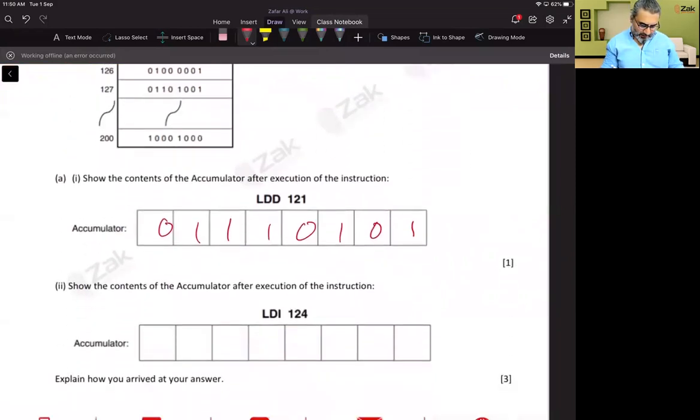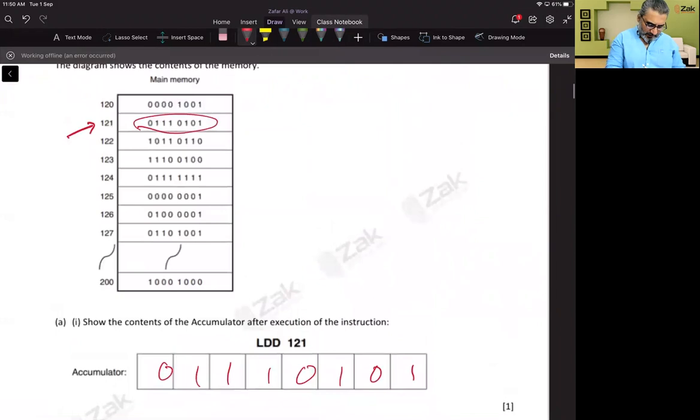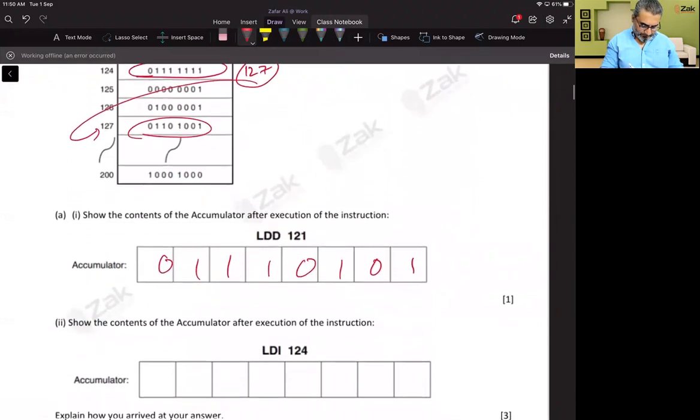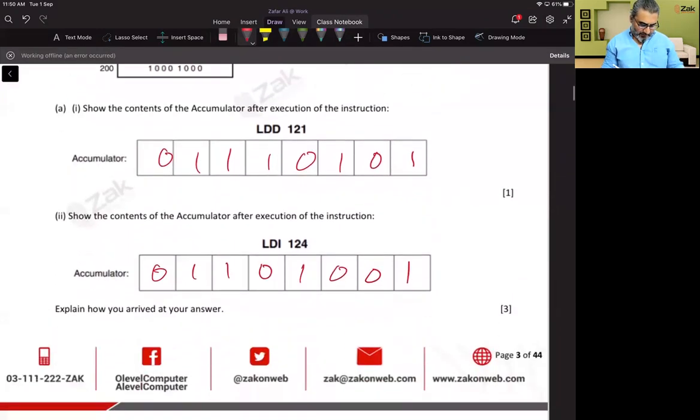Show the content of the accumulator after execution of the instruction LDI 124. So 124 is actually 127. So go to 127 and we have got this, 0110 1001. This is indirect, so that is how it works. Explain how you arrived at your answer.